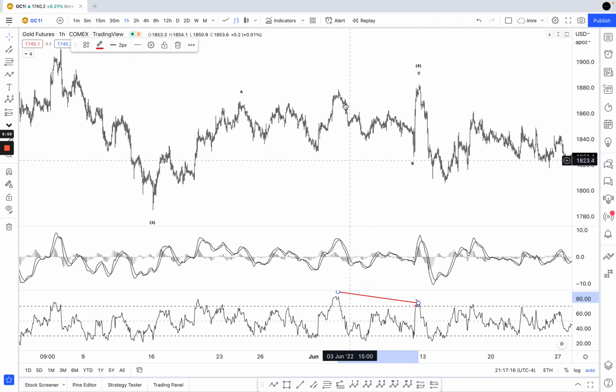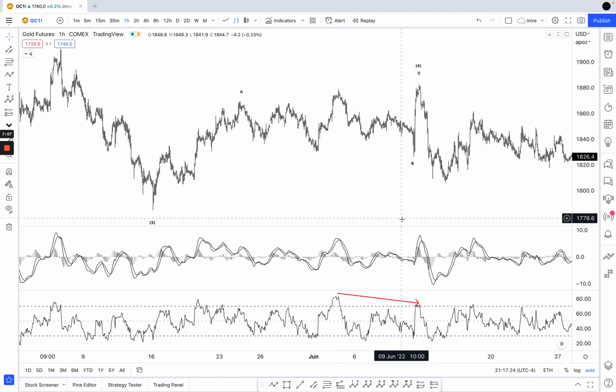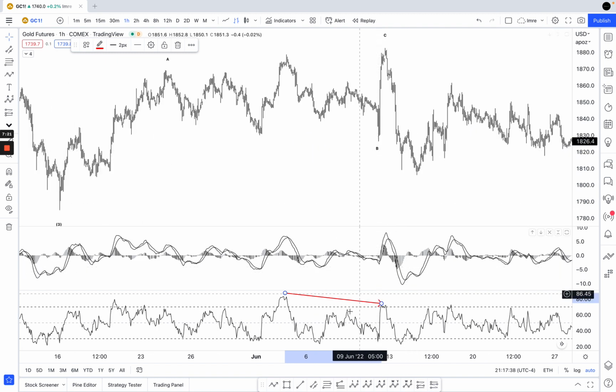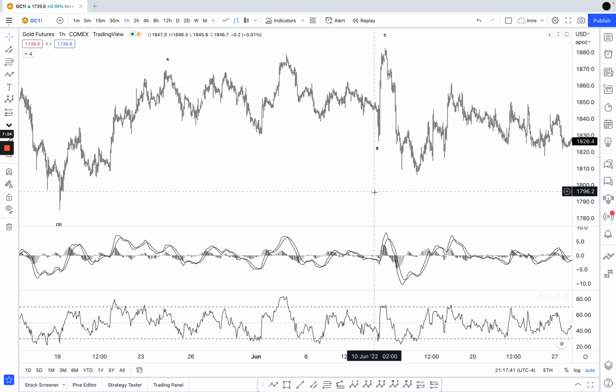So I can see that this is the B wave high of the larger degree B wave flat of this zigzag, and RSI was extremely overbought here. And as wave C of the zigzag unfolded, RSI again hit an overbought condition, but we still have bearish divergence, right? So that gives me a lot more confidence that momentum is on my side. The second momentum indicator I like to look at is the MACD. Well, let's see what the MACD did.